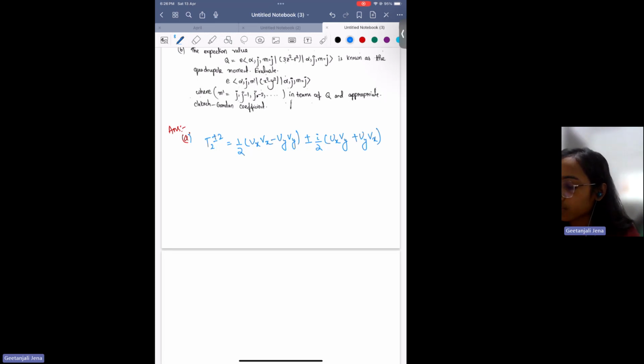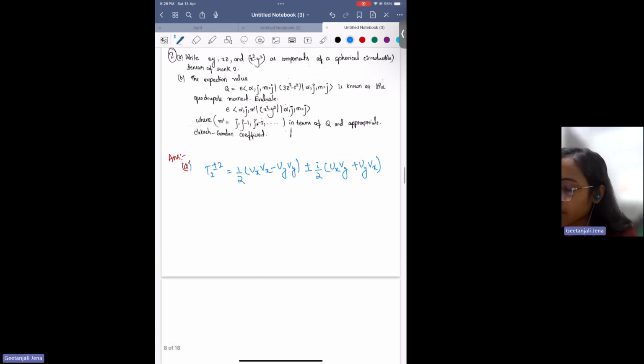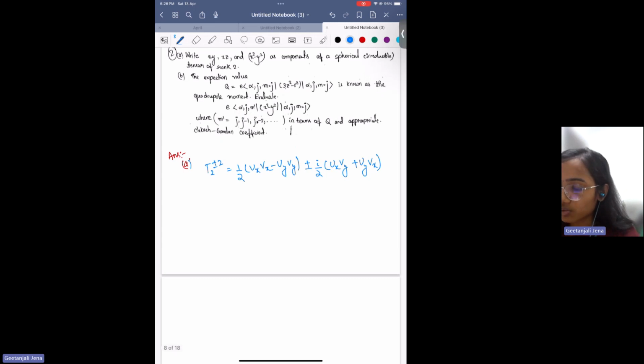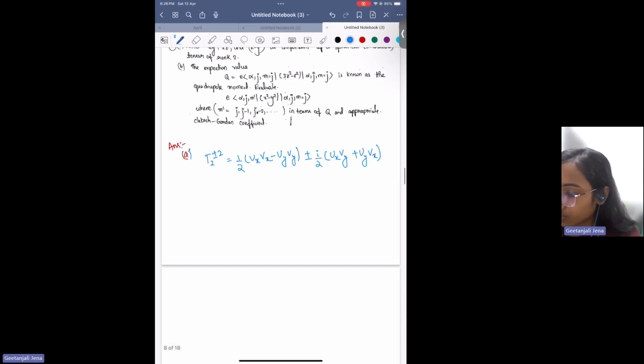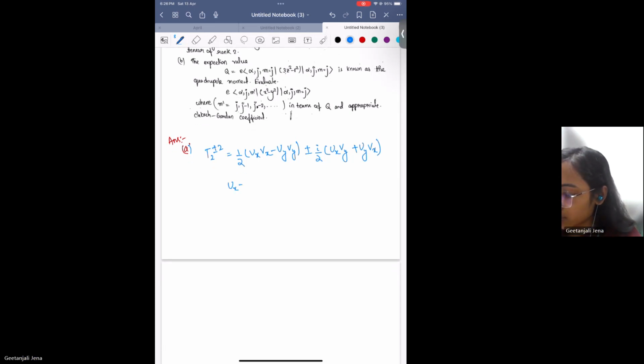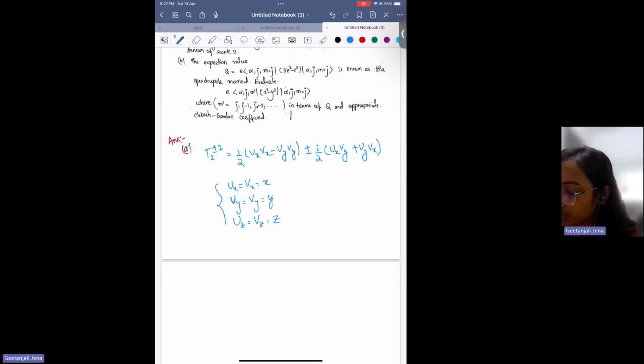So this is for t2 plus or minus 2. Now you have x, y and z components. So instead of ux, uy, uz, you have x, y and z, and instead of vx, vy, vz, you have x, y, z. That means we have to put ux equal to vx equal to x, uy equal to vy equal to y, and uz equal to vz equal to z in this expression.